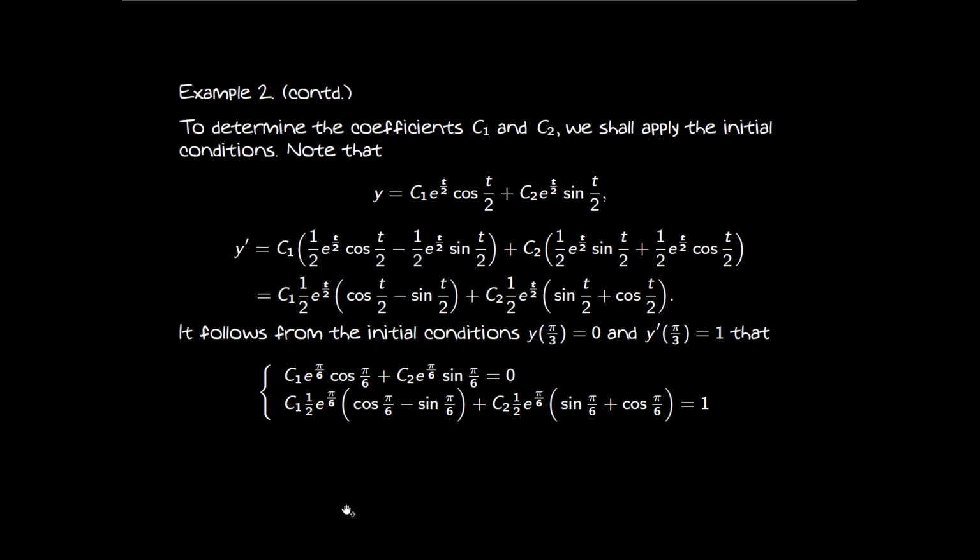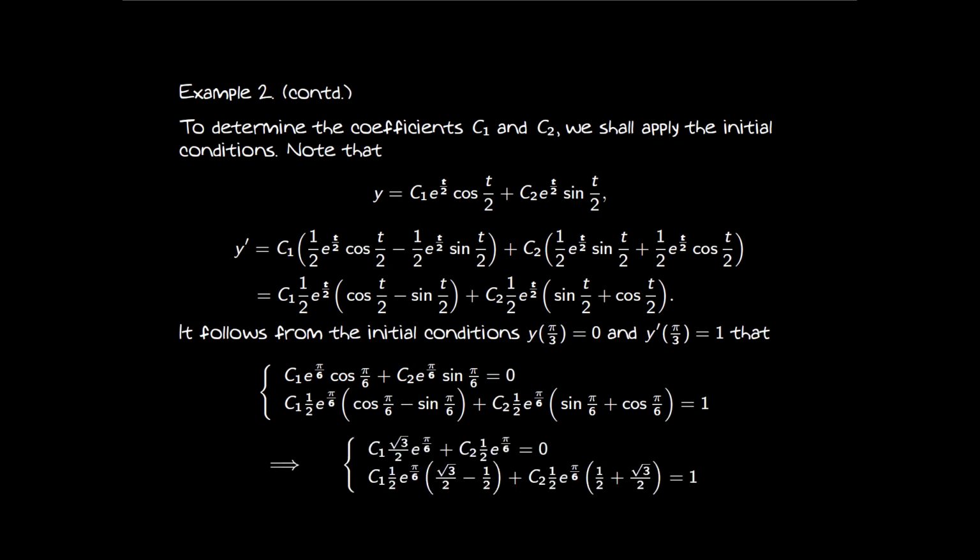Now we can just evaluate the sine of pi/6 and cosine of pi/6, and we'll get the equations written in this way. Here we do not know the exact value of e to the pi over 6, so we just keep it here. Now for this equation system, we can simplify further.